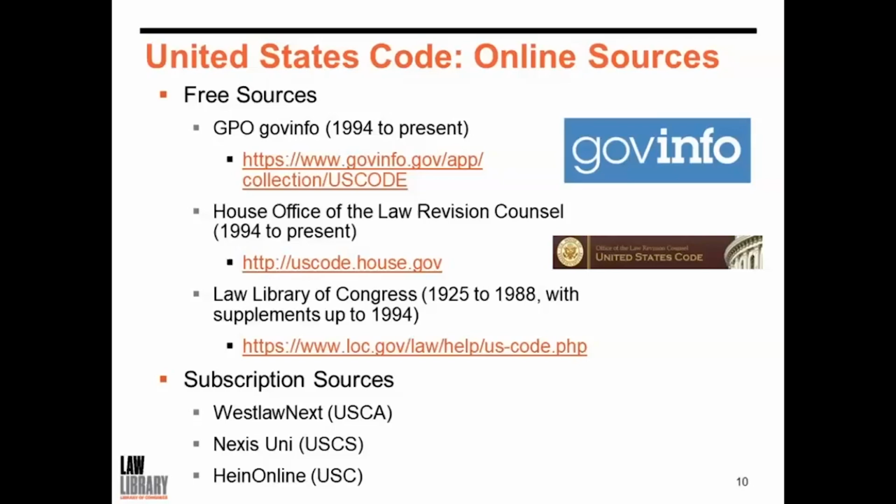I don't want to leave this slide before talking about subscription services, such as Westlaw, Nexis, and HeinOnline. These services can typically be accessed in a law library or an academic library. We, of course, have them in our reading room. The major benefit to using a subscription service is that they have really nice, comprehensive linking, so you can find additional resources that provide explanations or analysis, to deepen your research.